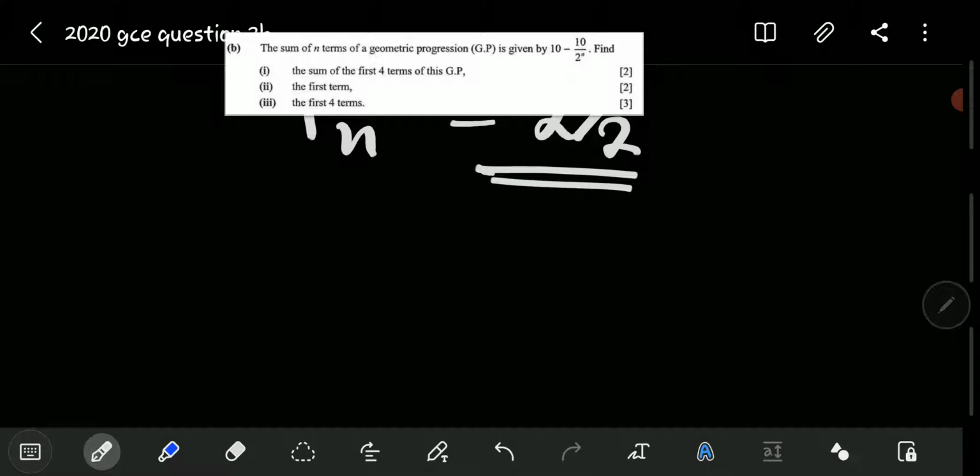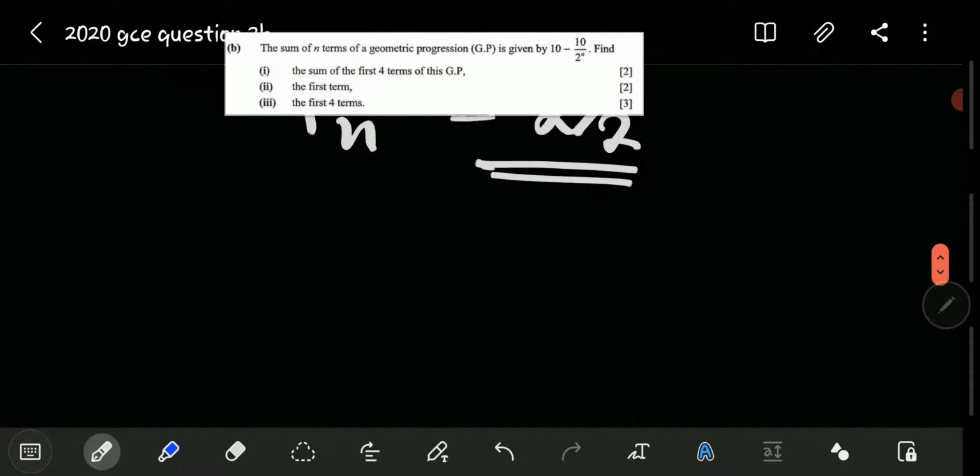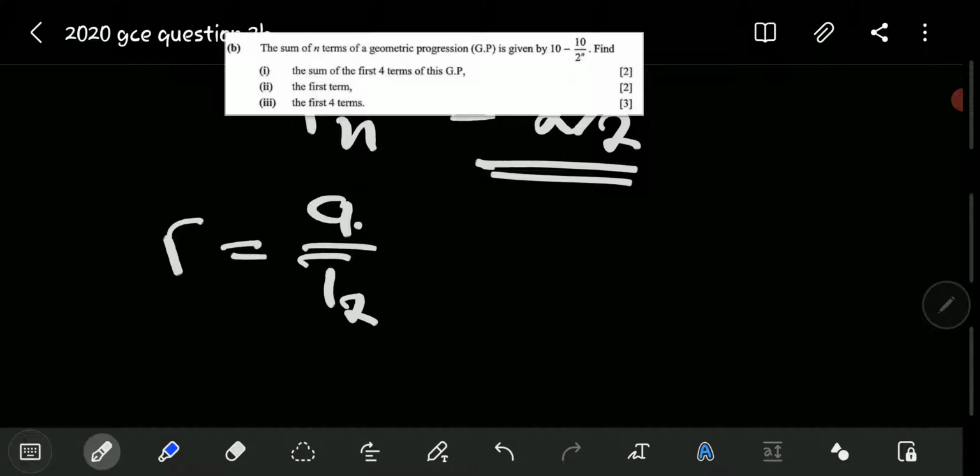Okay, so what is the ratio of the second term over the first term? So we're now going to have r is equal to the first term over the second term. So what is it?